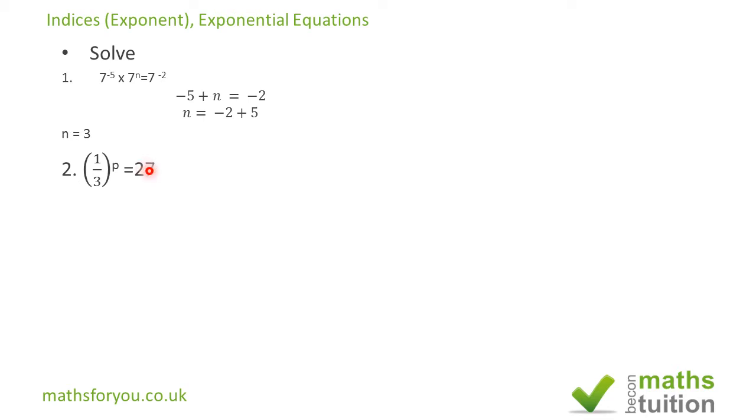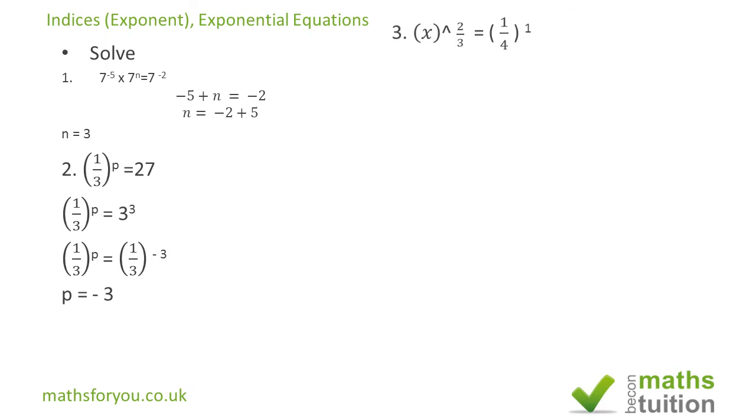Because 27 is 3 to the power 3, we can change this to a negative index, in which case we have that 1 over 3 to the power p is 1 over 3 to the power minus 3. That's the same value as that one there. We don't make any change whatsoever. Because they have the same base, we then have that p is equal to minus 3, and that is our solution.